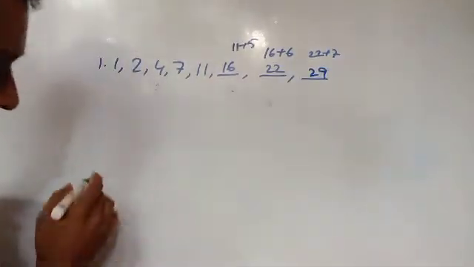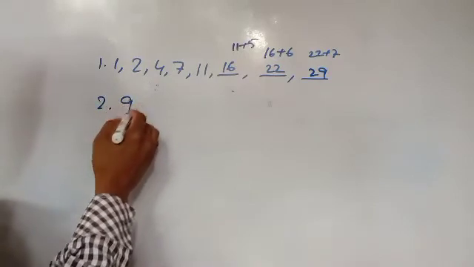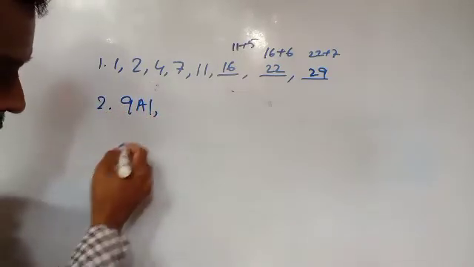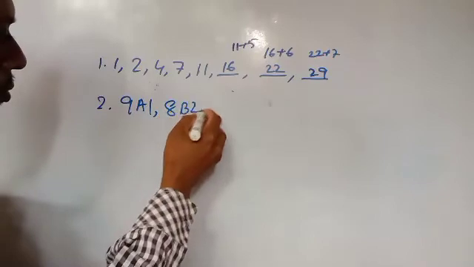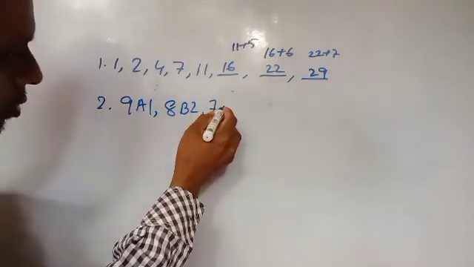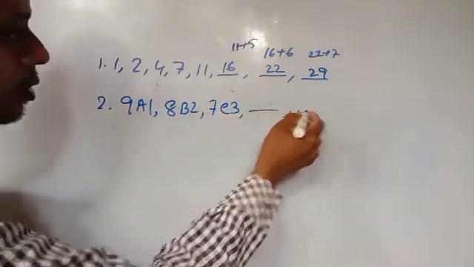Next one is number 2: 9A1, then 8B2, then 7C3, then the last 3 you have to write.